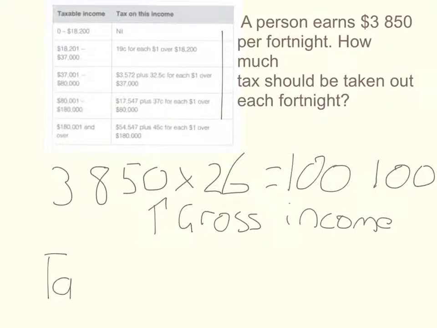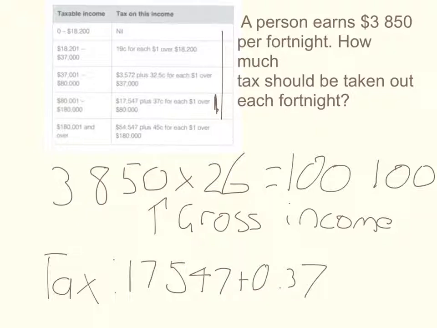Obviously 100,000 puts them in this bracket here, the fourth bracket. So they have to pay $17,547 plus 37 cents, so plus 0.37, and we'll times that by the difference between this and the last tax bracket.